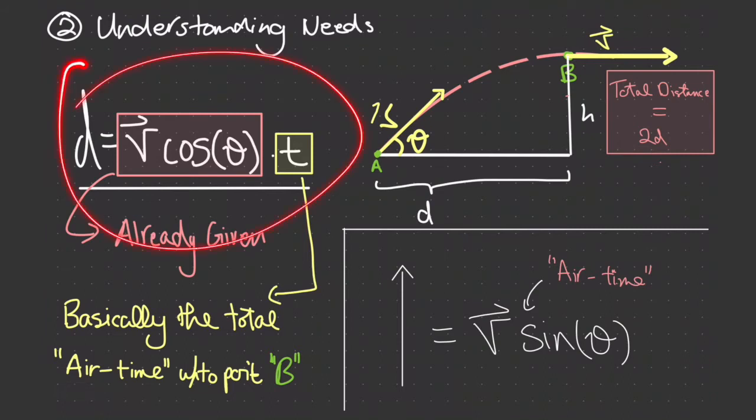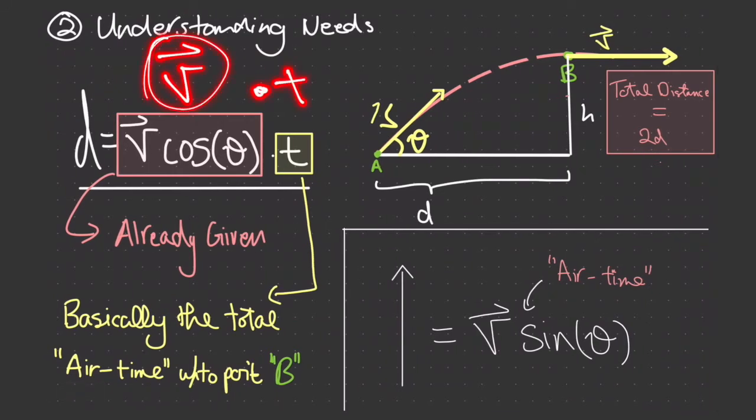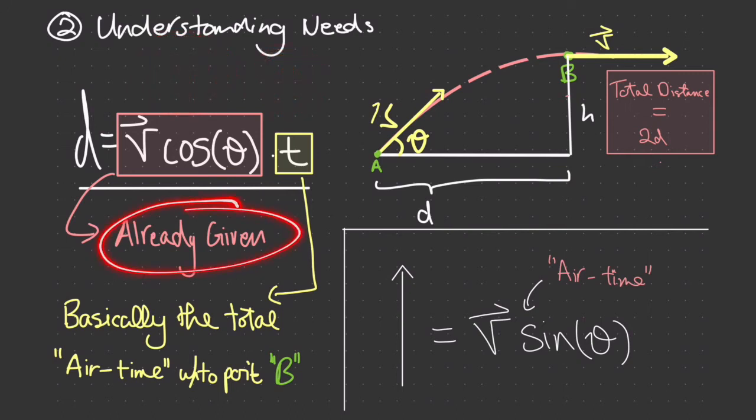Moving on to the next part of the video, in this expression we have two components. We have v cosine theta, which is our velocity, and times t. So this is just our normal velocity, and this is our normal time. Now, v and theta are two components which are already given, as you can see here, and it's a question about calculating time.